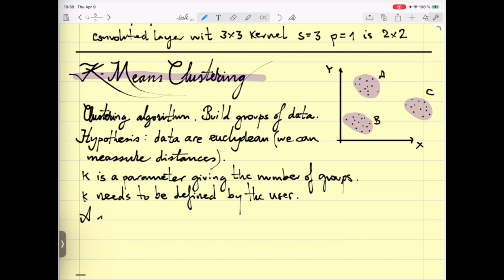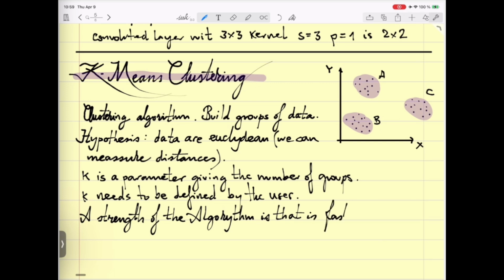A strength of the algorithm is that it is fast and efficient.